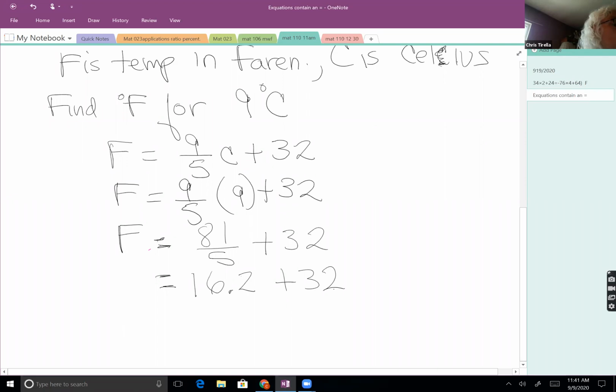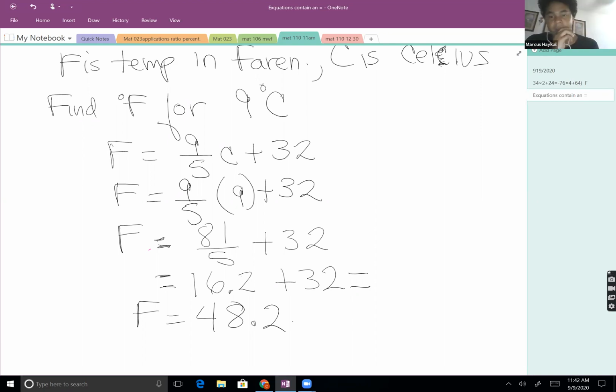Somebody check my division, please. Does that look okay? And so we get F equals 48.2. And any of the formula type problems that you're going to see in this section are just going to be ones where you substitute and then evaluate.